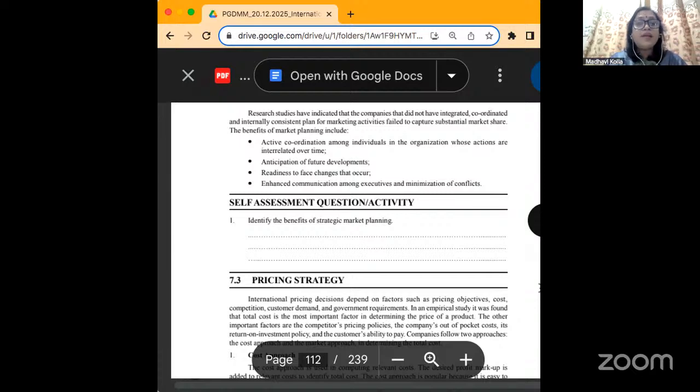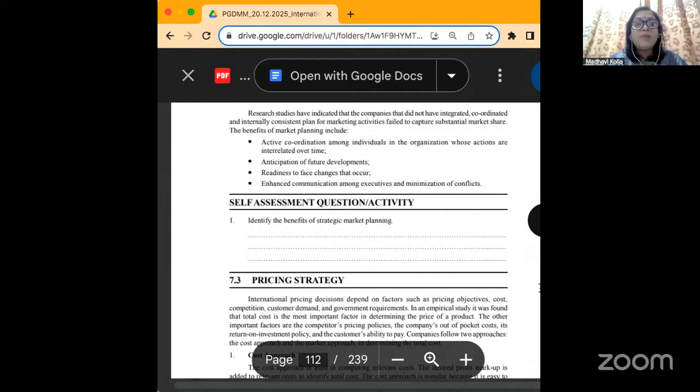You have set up customer meetings internationally and made your travel plans, but finance is not allowing for it because no budgeting was made for it prior to the commitment, at the beginning of the financial year. So there is a mismatch. That is why we say active coordination among individuals in the organization, because there is an interrelatedness about their tasks over a period in time.